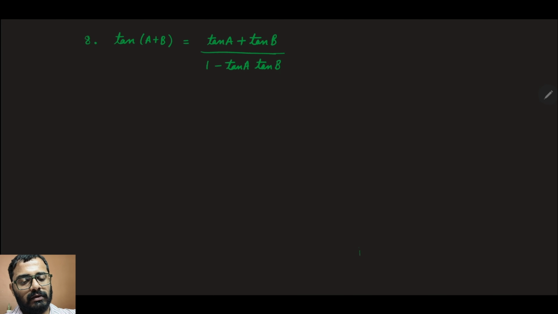Next, we will take a case here. If A is equal to B is equal to some angle theta, that is, if both the angles that we are adding here are the same, then what will happen?